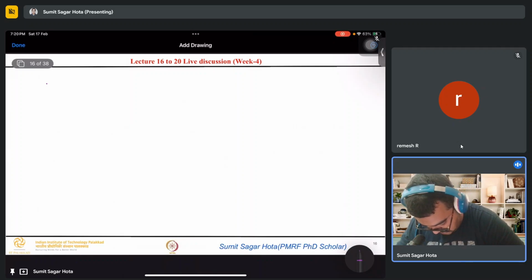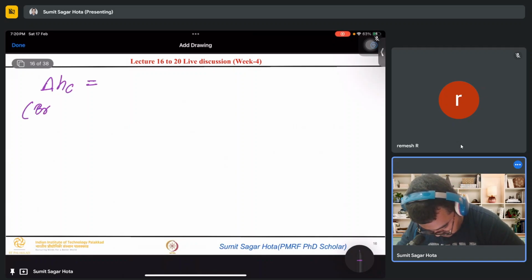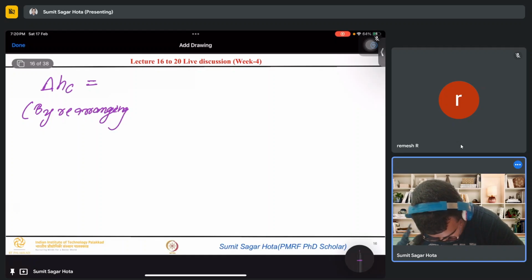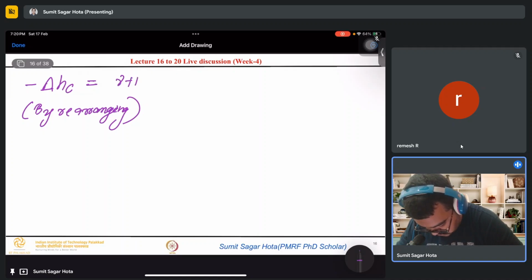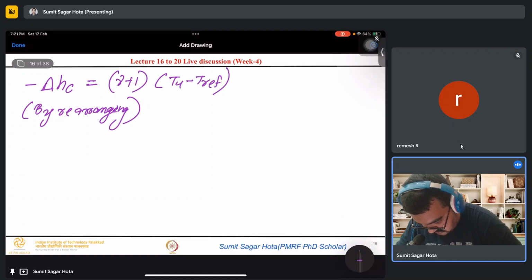Now we find out delta HC, by rearranging. If it's minus of delta HC, we get nu plus 1 into Cp (Tu minus TREF) minus nu plus 1 into Cp (Tb minus TREF).